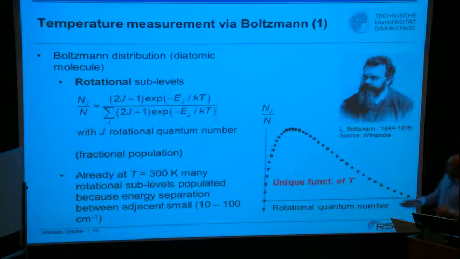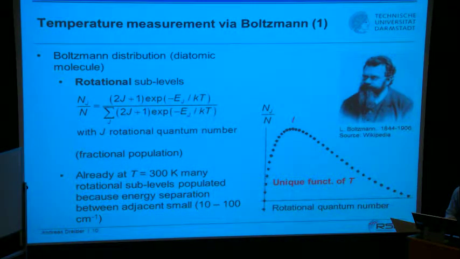And if you now plot this Boltzmann fraction over the rotational quantum number J, you would find for a given temperature a unique distribution of this population, meaning that you would have a maximum for a given temperature. That would be here, I don't know which number that is, maybe 10 or so, but that distribution would change if you go for other temperatures.